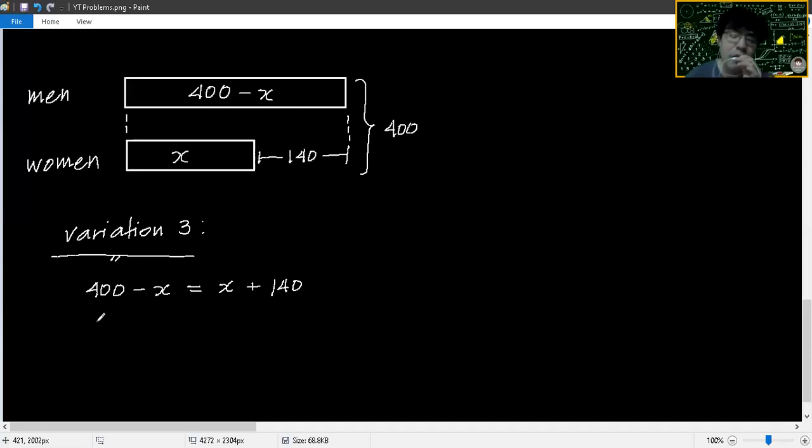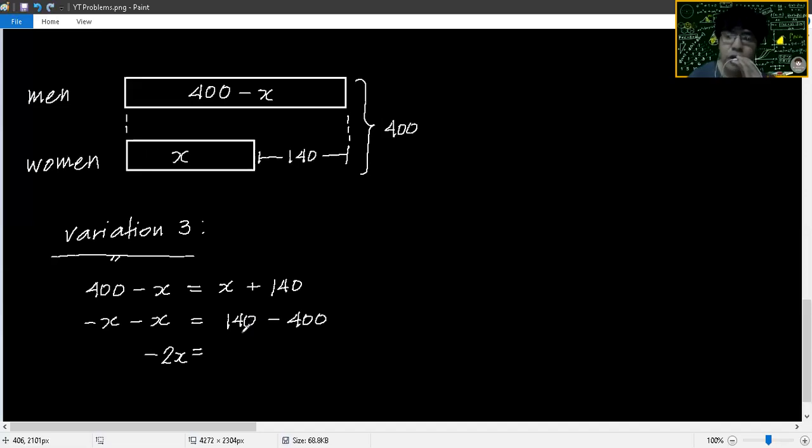Now, what will happen here? This is negative x minus x equals 140 minus 400. Getting the difference, or getting their total, is also combining the terms. So this will become negative x plus negative x, which becomes negative 2x.